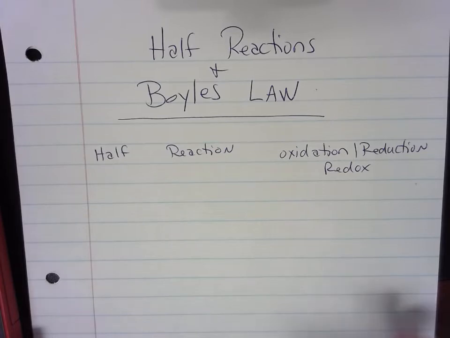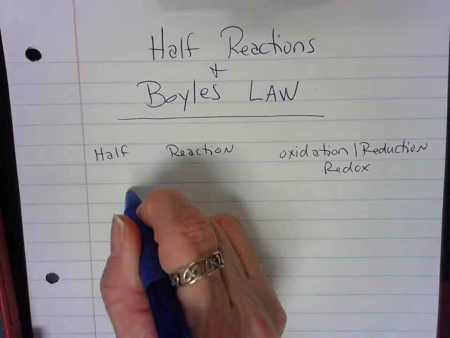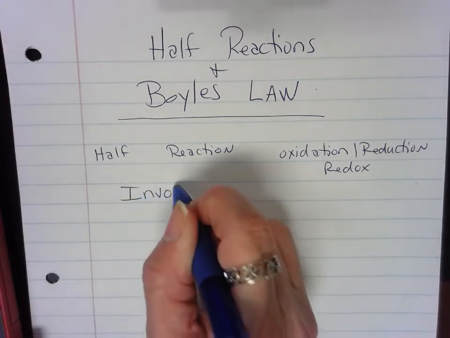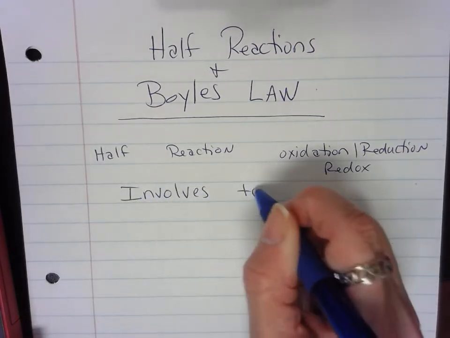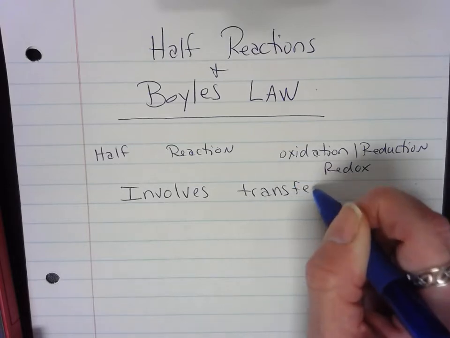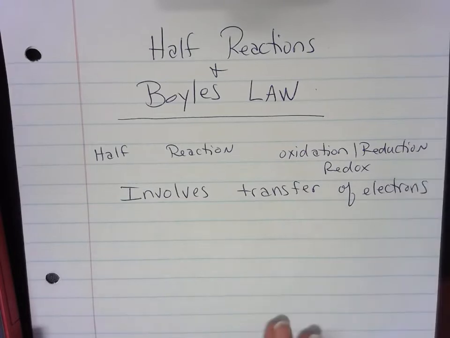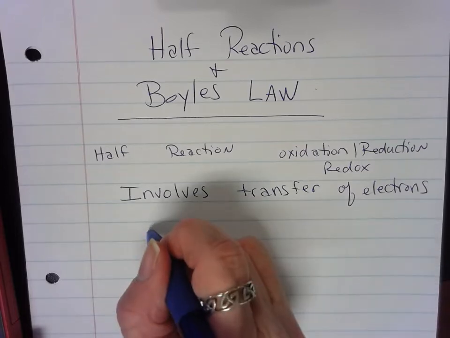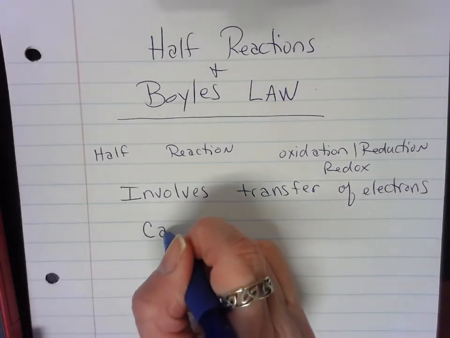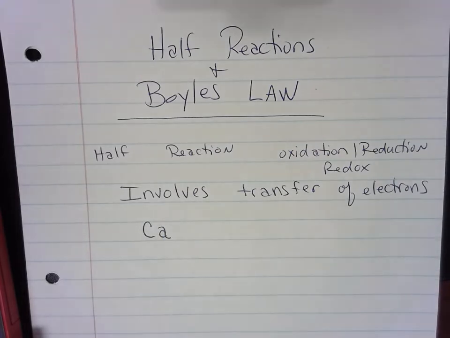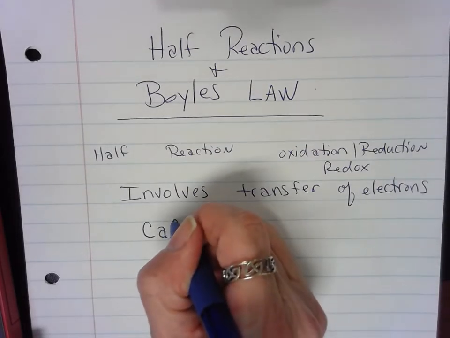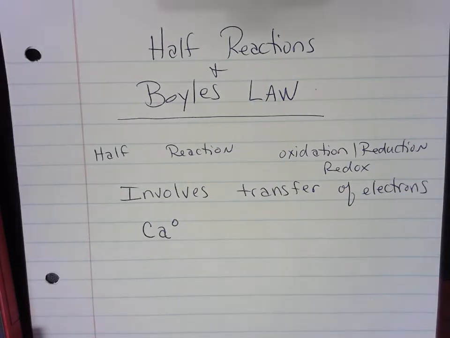Now, a redox reaction involves transfer of electrons. Okay, we're just moving electrons around. So take, for example, if we were to use calcium, pure elemental calcium, something that is in its elemental state has zero charge.